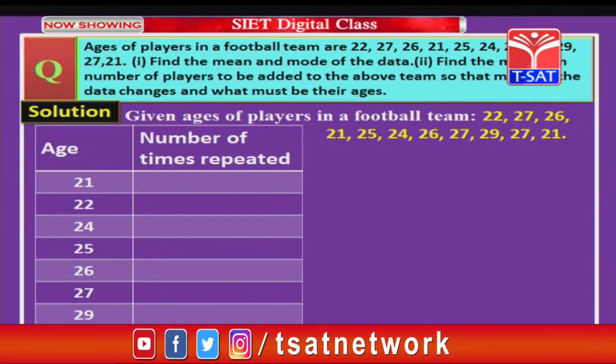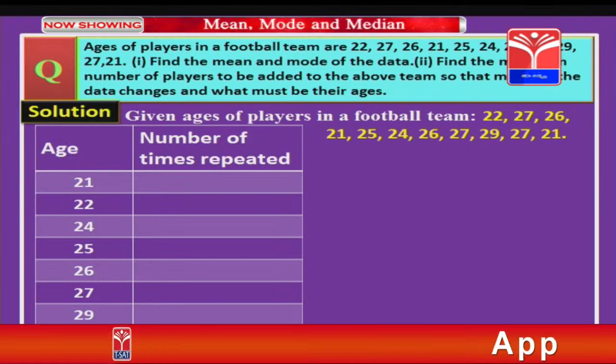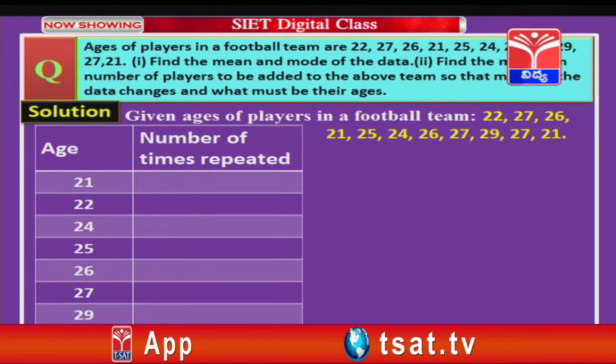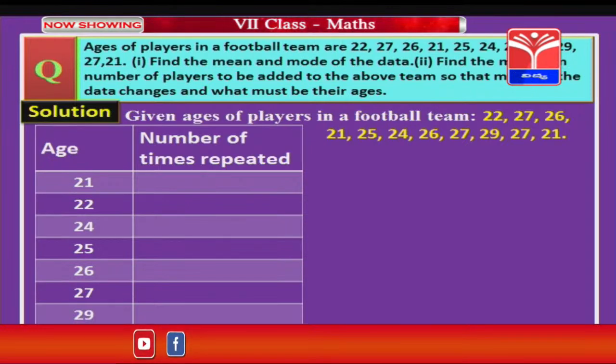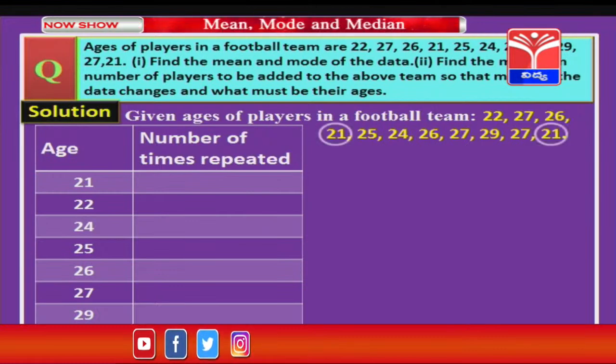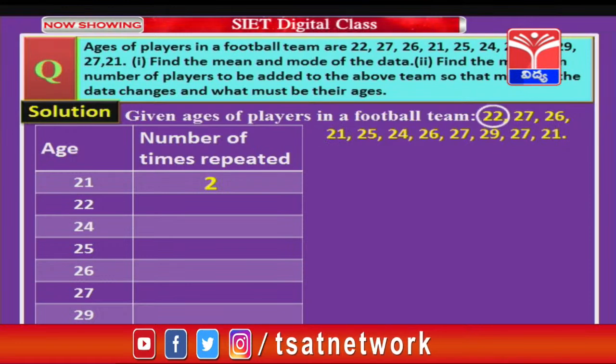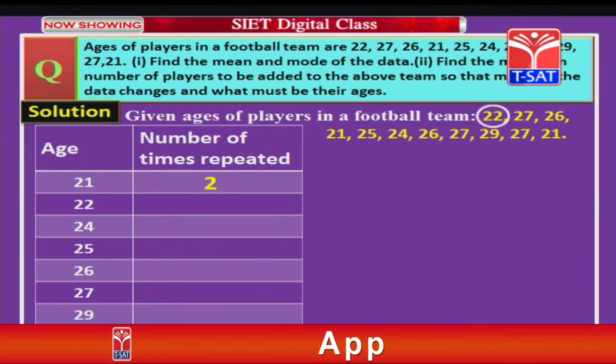So, let us arrange this data in a tabular form. The age of the players, that is 21, 22, 24, and so on up to 29, and the number of times each age is repeated. If you notice, 21 is repeated 2 times, then 22 is only repeated once.